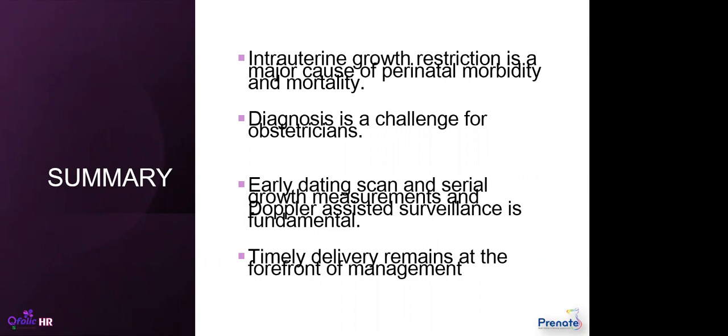As the aim is to have a healthy alive baby, our aim should be to deliver the baby timely in an appropriate place, and we should weigh the risk of prematurity against keeping the baby in the intrauterine environment. So we have to be very vigilant in managing these patients, because if we take care of history, do timely investigation, and plan delivery accordingly, then we can get a good result in terms of healthy baby and healthy mother. Thank you very much for your patient listening.